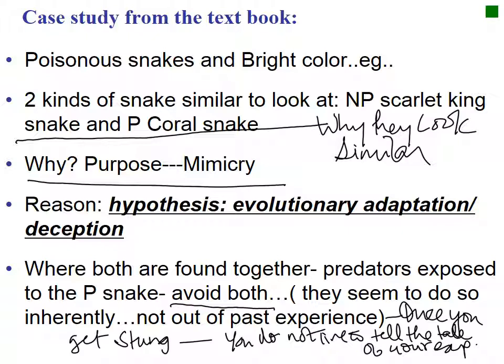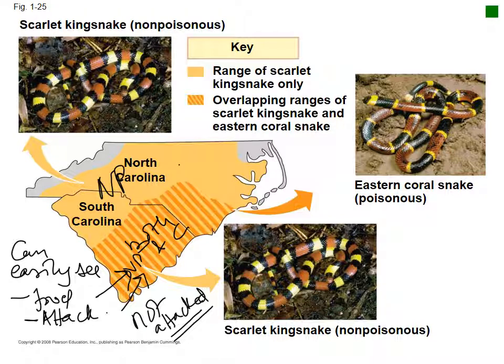Okay, so here you have the scarlet king snake, which is non-poisonous, and the coral snake, which is poisonous. Now, there is a range where only the scarlet king snake is present, and it's non-poisonous.